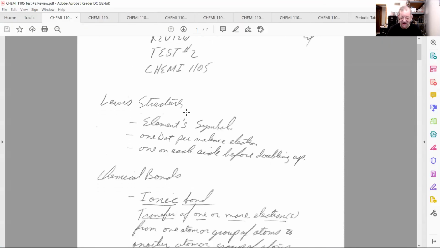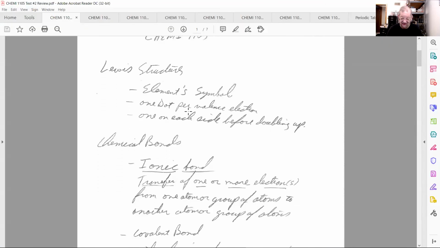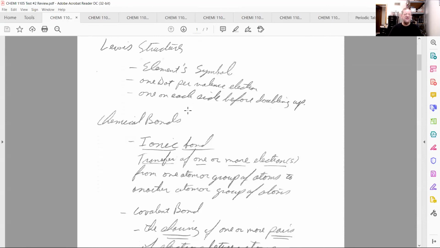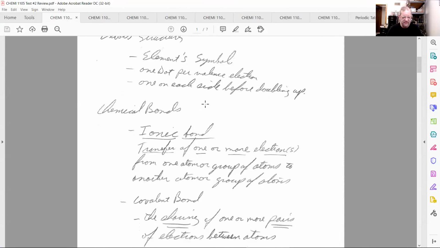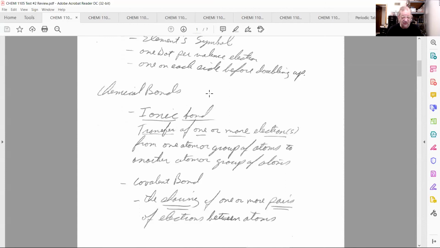Now, next, we got into some real exciting stuff, really. And that's chemical bonds. And there are 2 types. Ionic bond, you should know the definition. Transfer 1 or more electrons from one atom or group of atoms to another atom or group of atoms. Covalent bond, sharing of 1 or more pairs of electrons between 2 atoms.